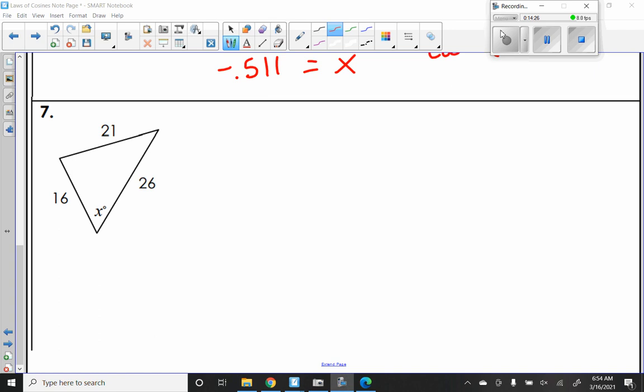All right, so if you paused and tried this problem, I got right around 53.8-ish degrees for my answer.